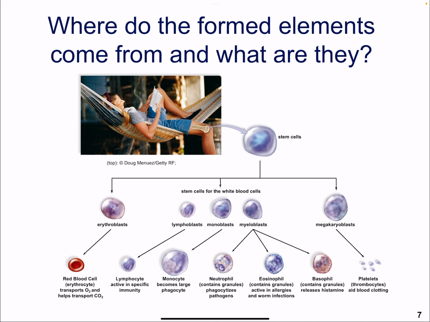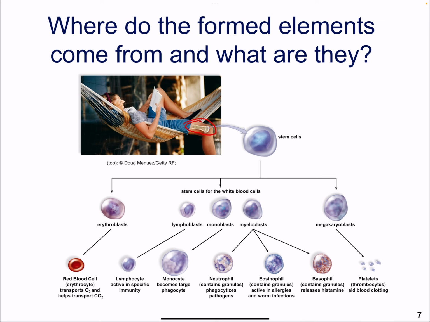All right. So looking at the cells that make up the blood, these cells all originate in bone marrow. Okay? So say we have a long bone right here. The red bone marrow is going to be located at the extremity of long bones.